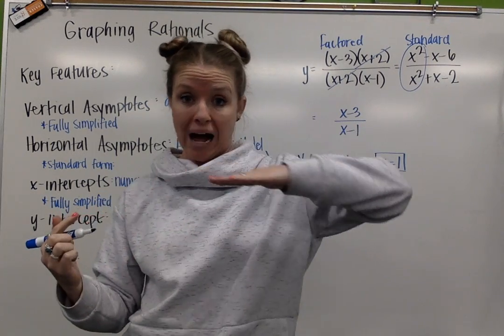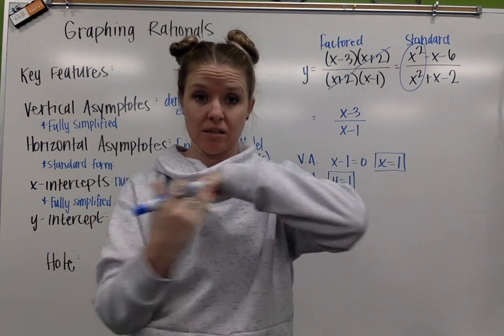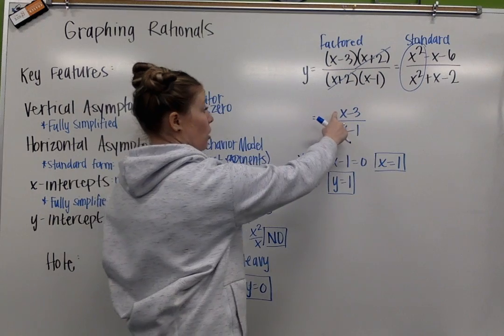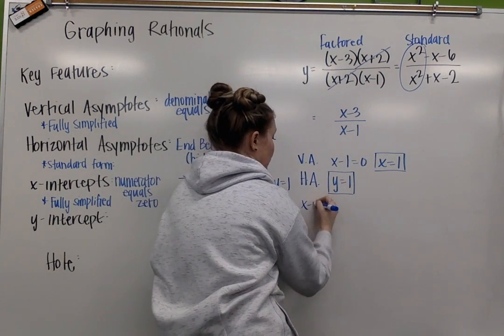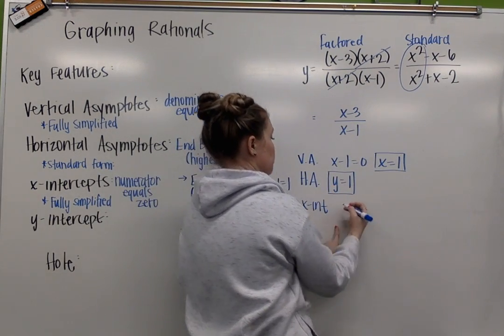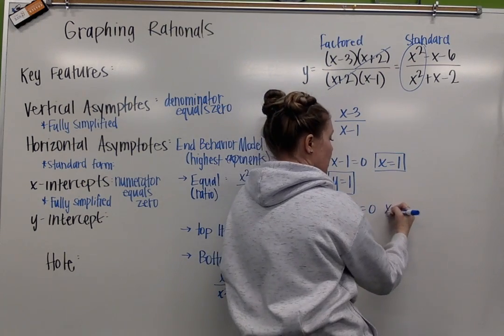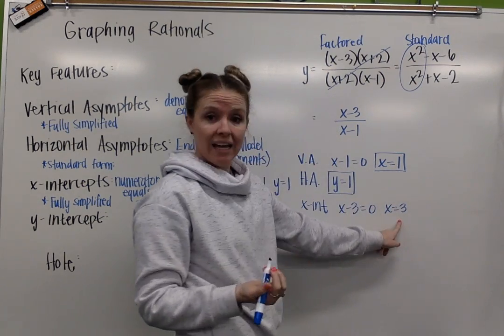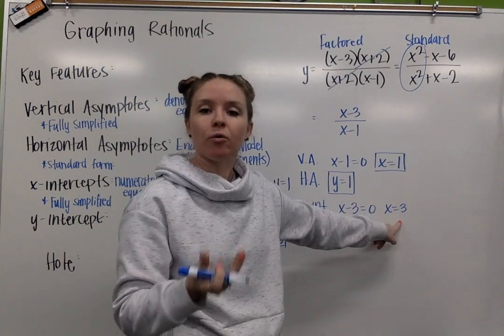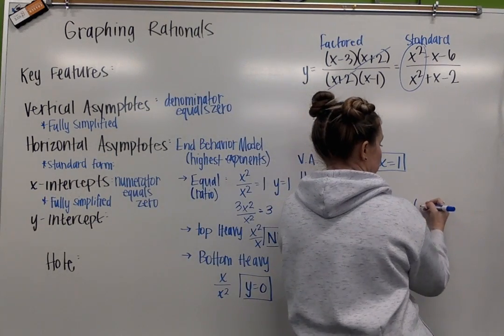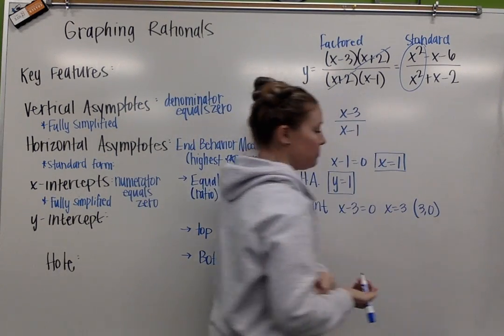X-intercepts happen when y is 0. That's our x-axis. So I want to know when the numerator equals 0 to find my x-intercept here. So I'm going to take x minus 3, set it equal to 0, and I'm going to have an x-intercept when x equals 3. So I'm going to write that as a point. The x-intercept is 3, 0.